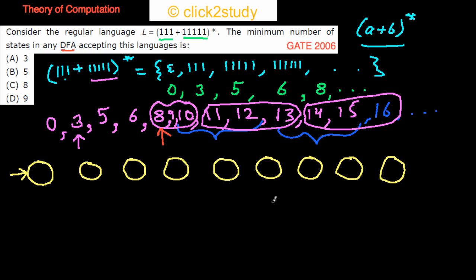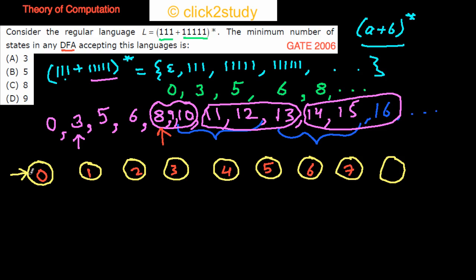Then I'm going to write the length of the strings in each state. So I'm going to write 0 in this one. This is one state, this is 1, this is 2, this is 3. These are different states. I'll write the rest later, and there is a reason why I am doing that.